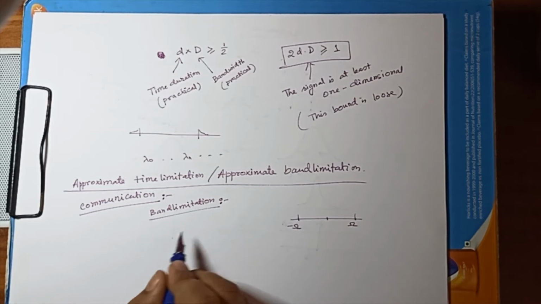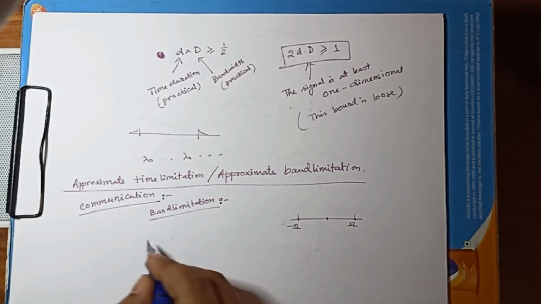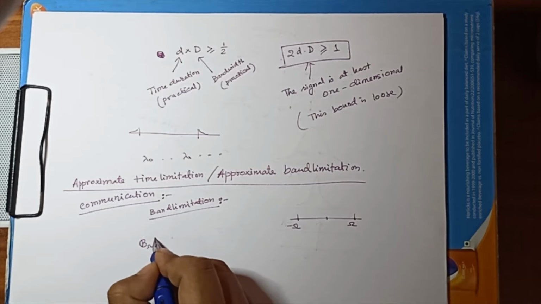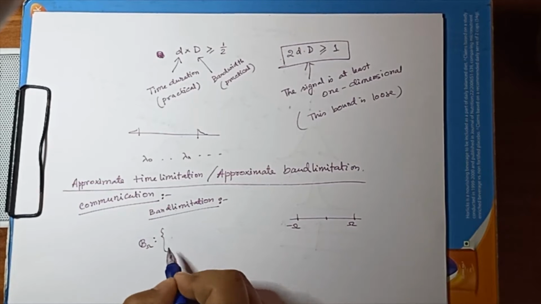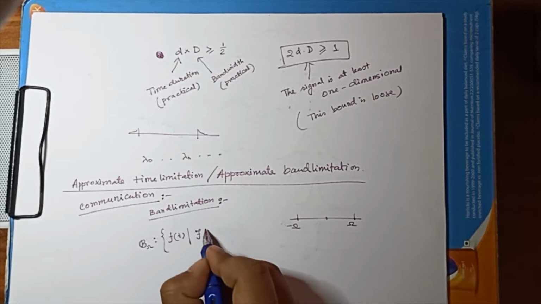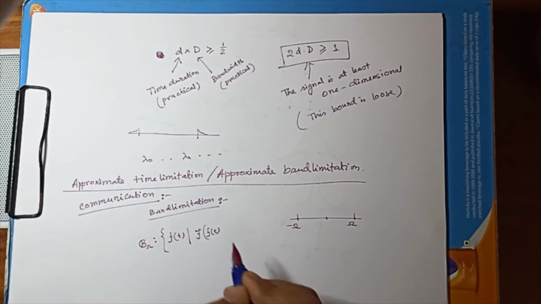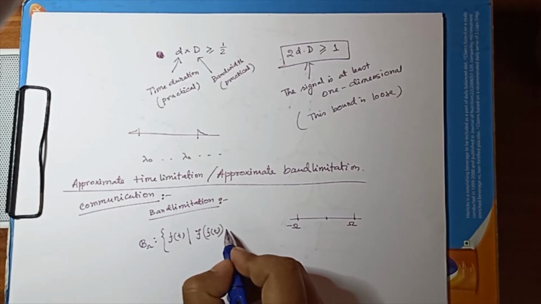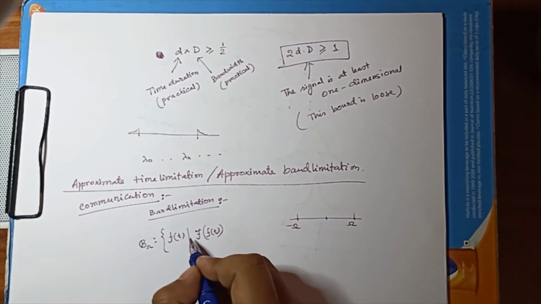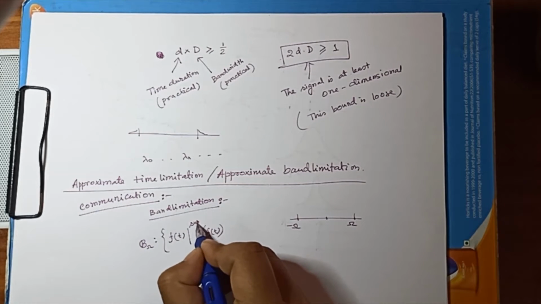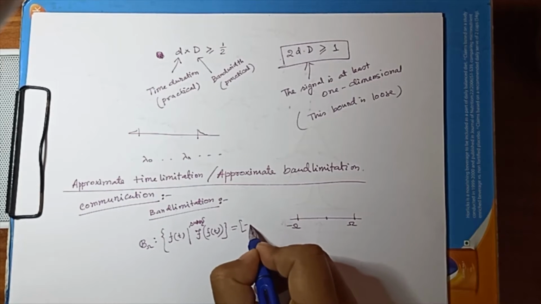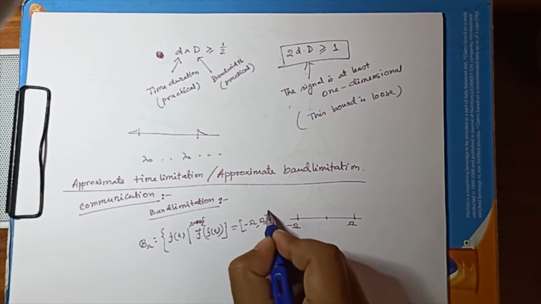So we define the space B omega to be the space where your signal resides, where the support of the Fourier transform of f(t) is minus omega to omega.